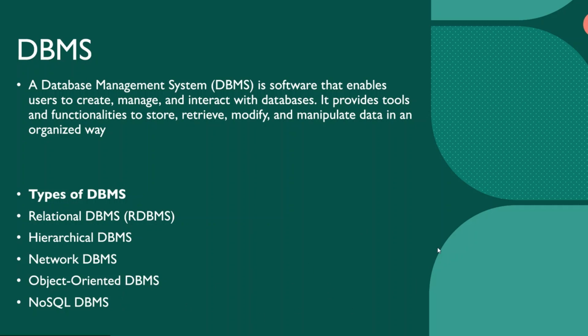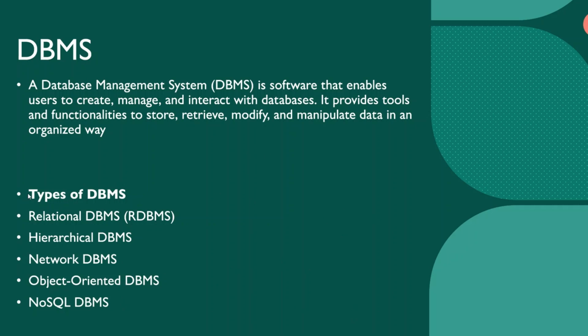Suppose there is an e-commerce platform. To store the product catalogs, customer details and order histories, we can use a database. Suppose there is a healthcare application. To manage the patient records, appointments, and what treatments are going on, you can manage everything using a database management system, that is DBMS.